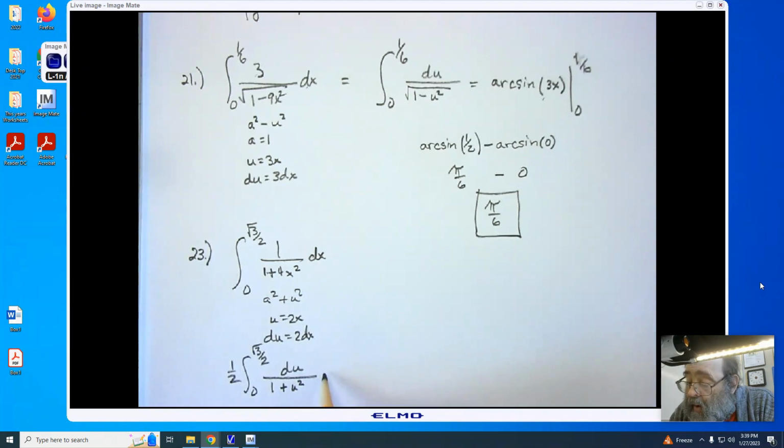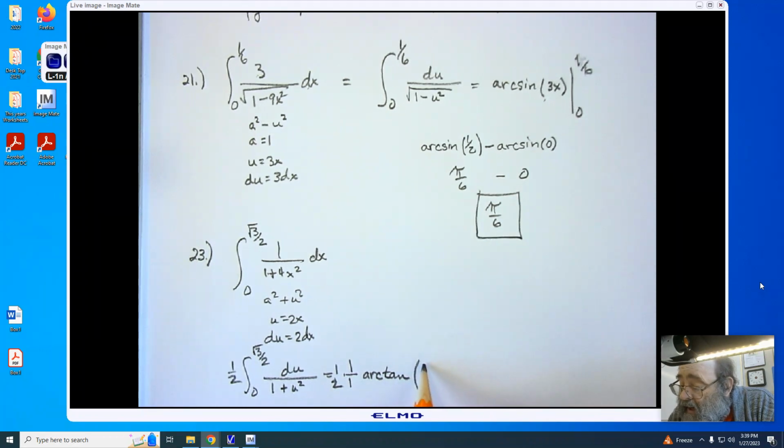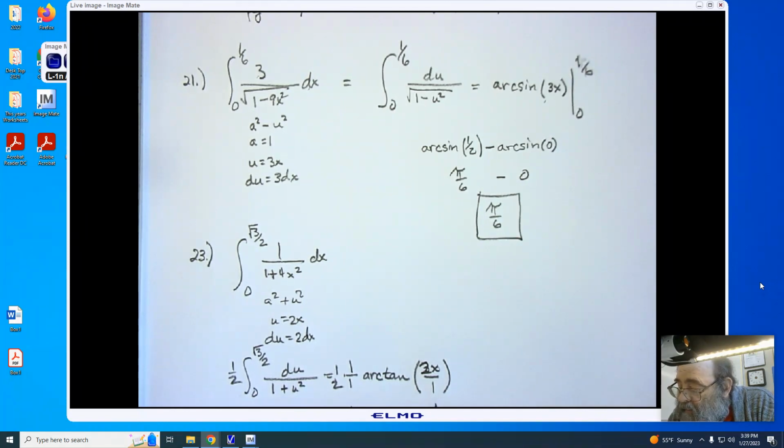Well, with that, I know I'm working with my arctan, so I have 1 divided by 1 multiplied by that 1/2, and I have arctangent, and in this arctangent, I am looking at 2x over 1, and I'm going to simplify this so that I have 1/2 arctangent of 2x from 0 to root 3 over 2.